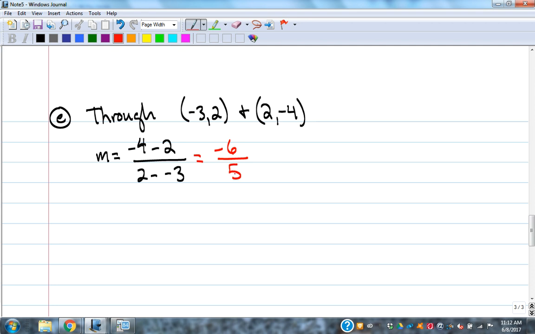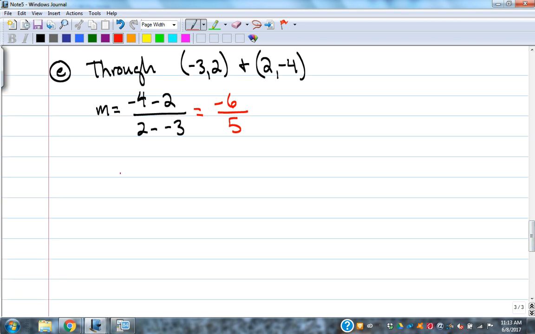And then the good thing about going to slope-intercept form is the fact that it doesn't matter which ordered pair I pick. I'm going to pick the one that I think is the easiest to work with to get to point-slope form to start off with. I'm just going to pick that first one. So I'm going to use the point-slope form.